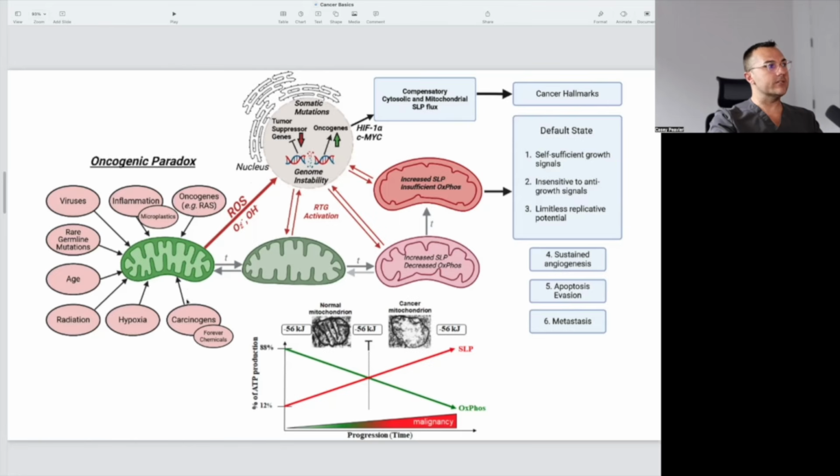So my point is that these carcinogens and these damages that accumulate from a variety of sources over our lifetime damage these mitochondria, lead to a bioenergetic decline, and in certain cells that have the ability to, at the same time, stabilize their energy requirements through these backup systems, survive, and then become cancer.